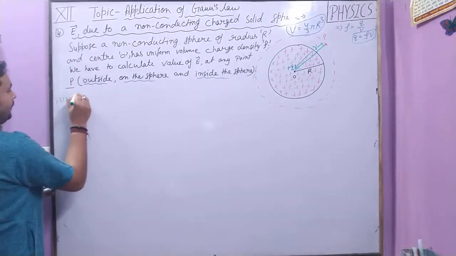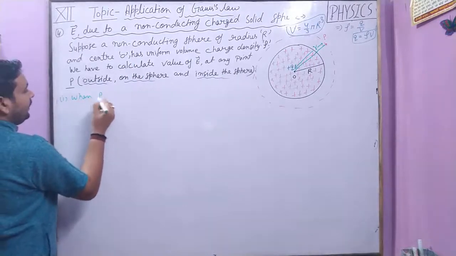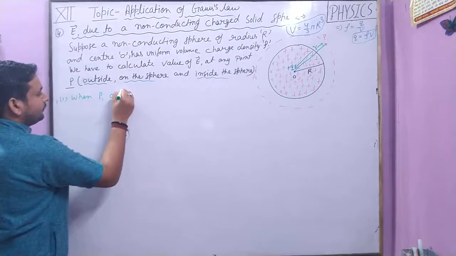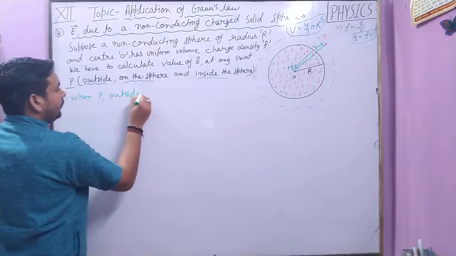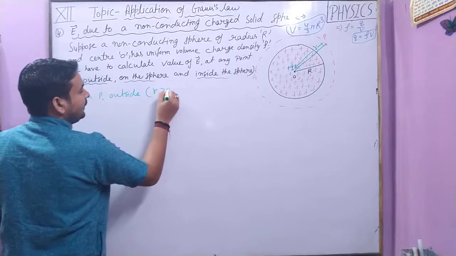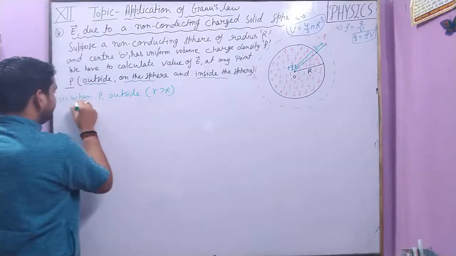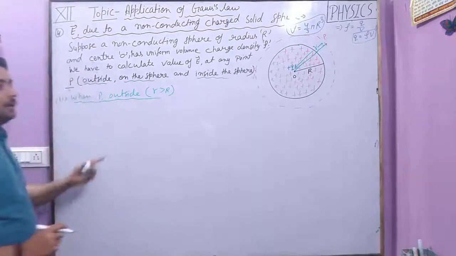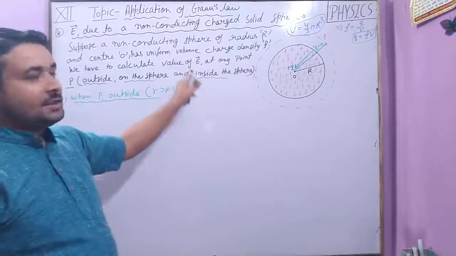First, when P is outside, that is when small r is greater than capital R, you can easily consider the Gaussian surface.